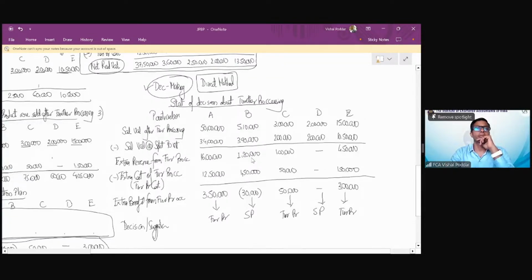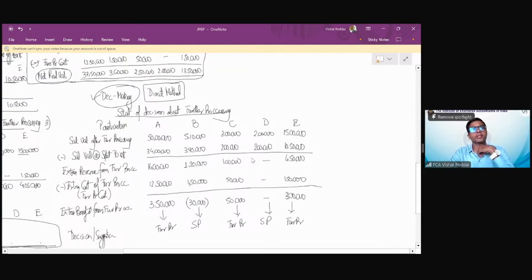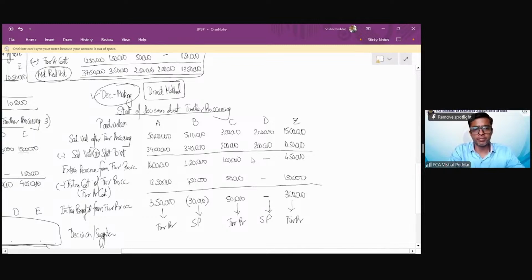So this is the direct method. I'm calling it the direct method. There is no such name given. You have to follow this method whenever your question is only asking you to suggest a parallel plan of production without going into the detailing of independent profits or joint cost apportionment.